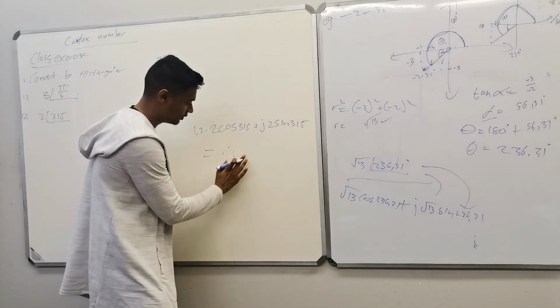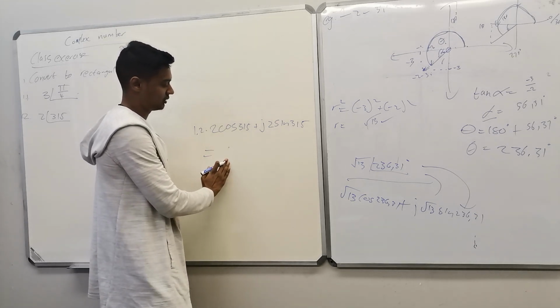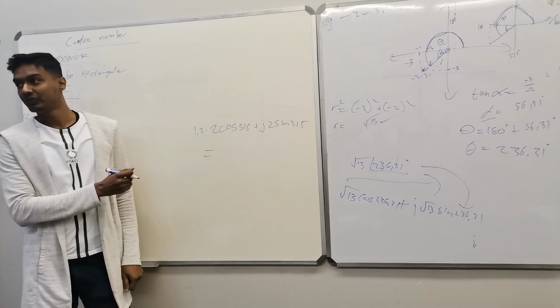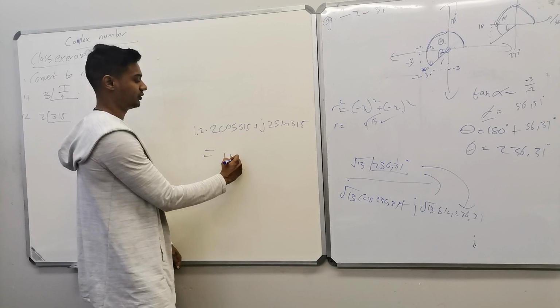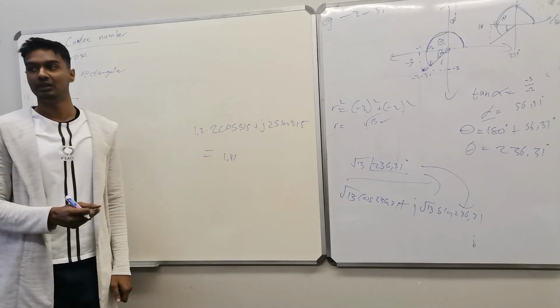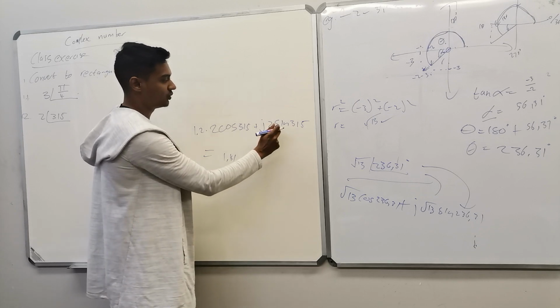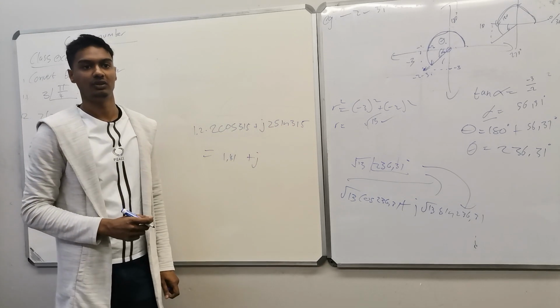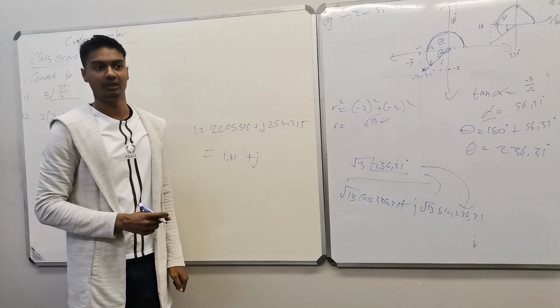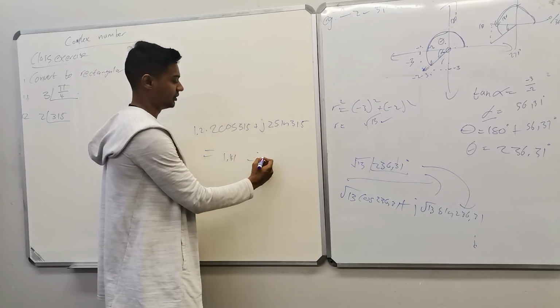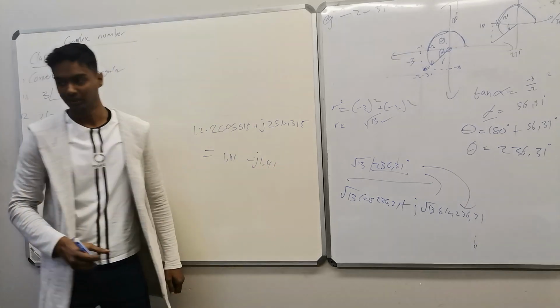But can you give it to me in decimal form? 1.41. Anybody can verify? Yes. Right, now give me b. 2 sine 315. Negative square root 2. So it will be negative 1.4.